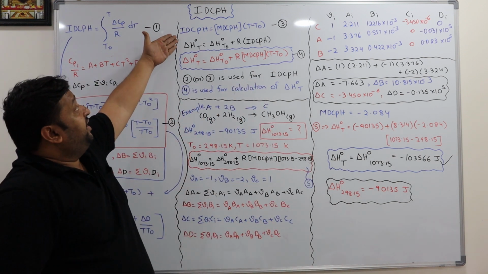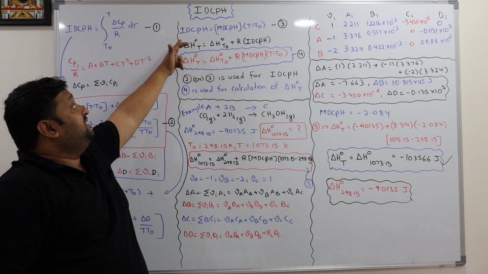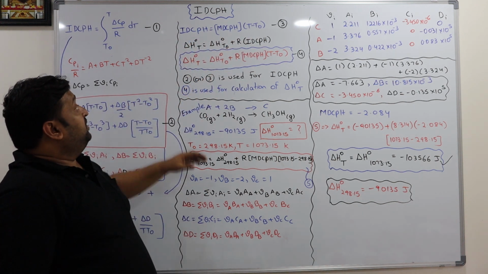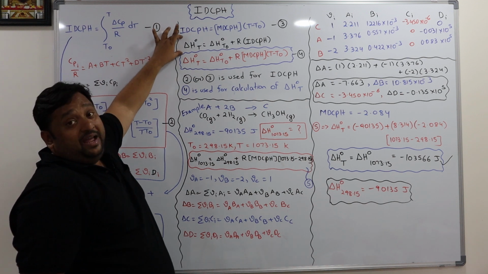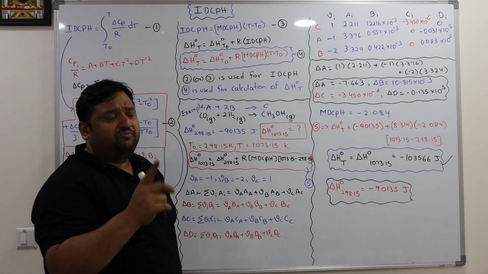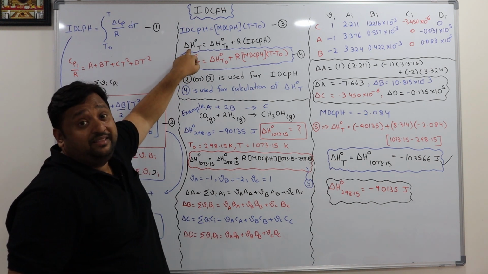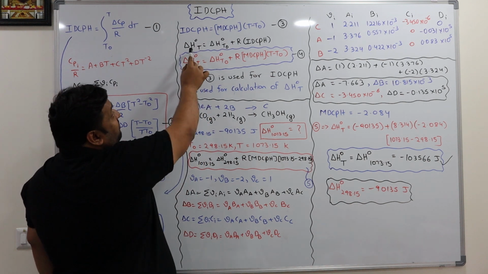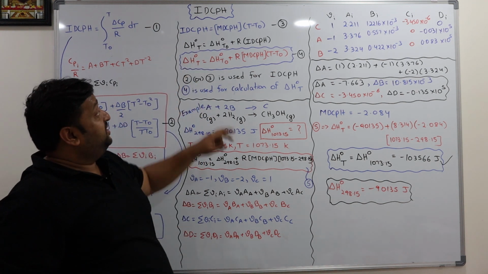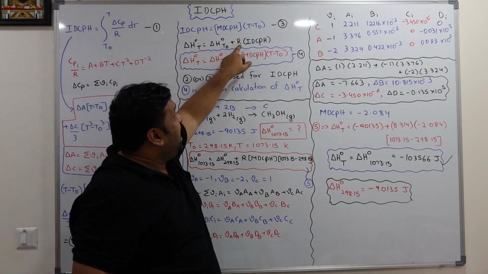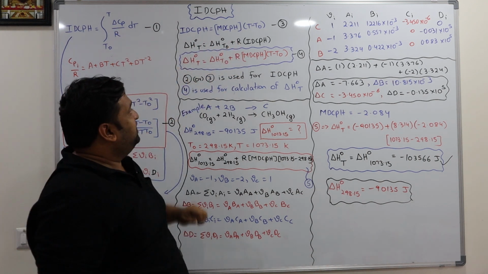That is what is written here. IDCPH is equal to MDCPH into (t minus t0). If you remember this formula from the earlier lecture, the agenda for this lecture is to find this particular term, the enthalpy of the reaction at any temperature. The enthalpy of reaction at any temperature is equal to the enthalpy of the reaction at some known temperature plus R into IDCPH.